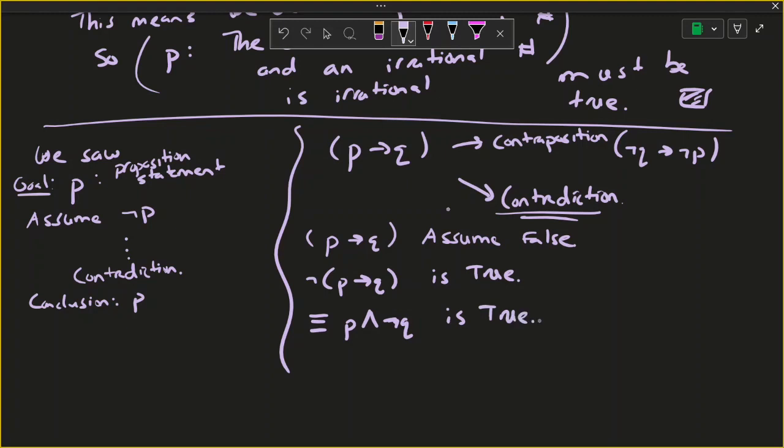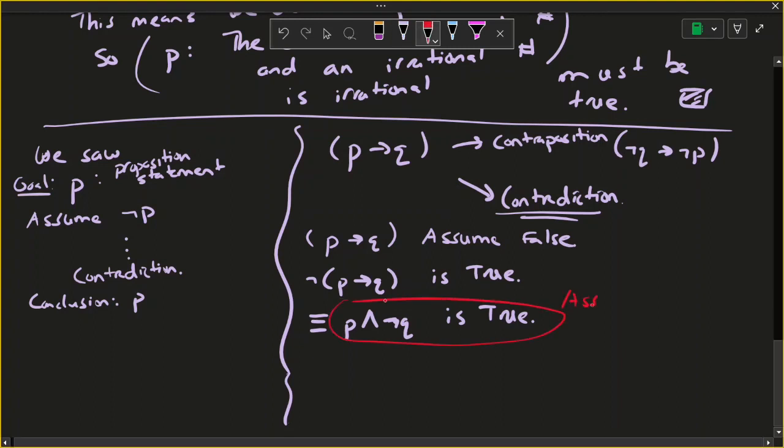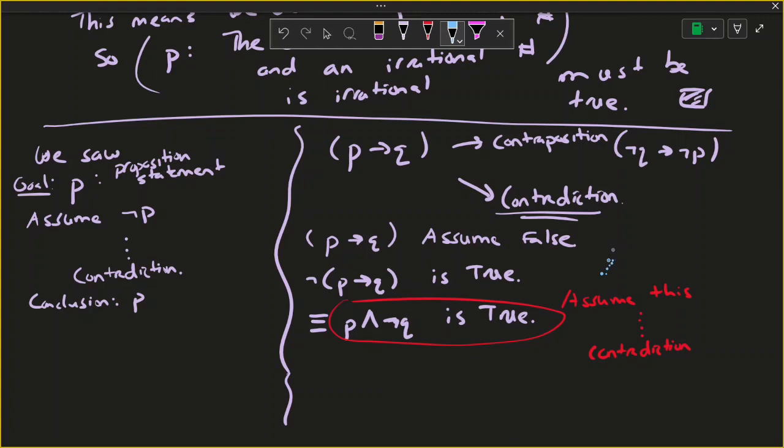And so what we're going to do in a proof by contradiction is assume this. Hopefully it leads to a contradiction. And then we, in some sense, go backwards up to if P then Q, which means if P then Q is true.